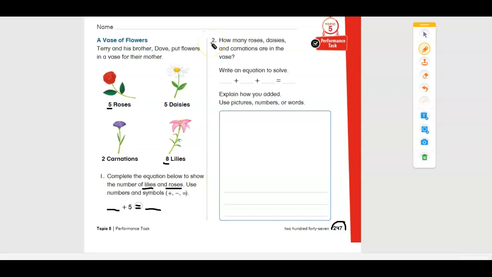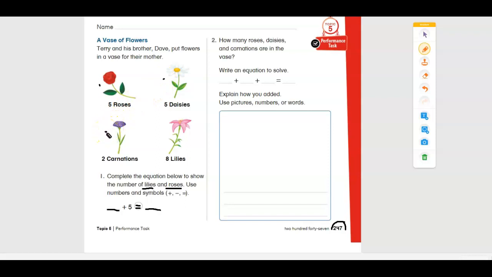Problem number 2 says, how many roses, daisies, and carnations are in the vase? So now you will need to look at the flowers again, and we want to see the roses, the daisies, and the carnations.